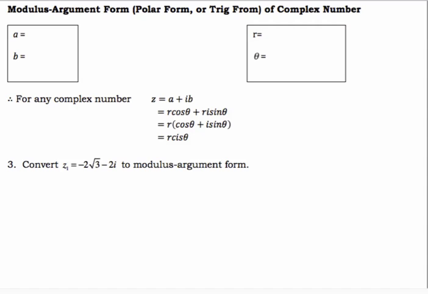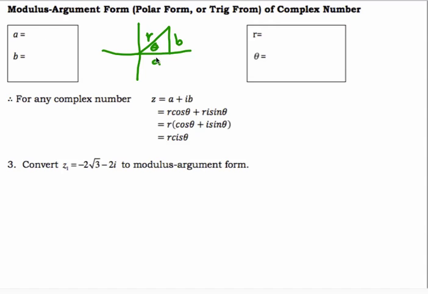Alright, so next we're going to look at a few things. Let's just draw a little complex number plane here again. Remember, A is the real part, B is the imaginary part, and we've got an angle in here, theta. The angle theta is the argument, and R is the modulus.